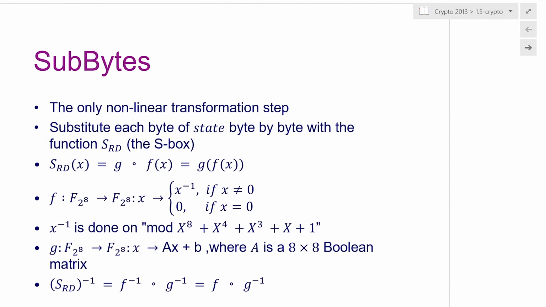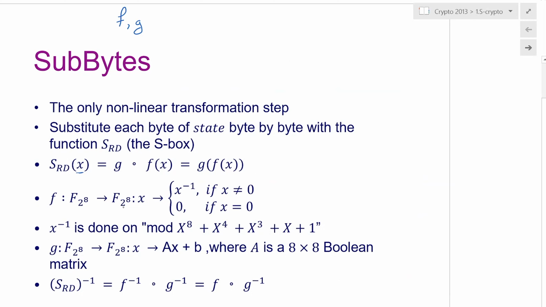In the substitution byte, we have two functions that are happening at the same time, f and then g. The substitution box of this input x is g of f of x, which means that we compute f of x first, and whatever value we get, we substitute it to compute g of that value. How do we compute f of x? What is the f function?